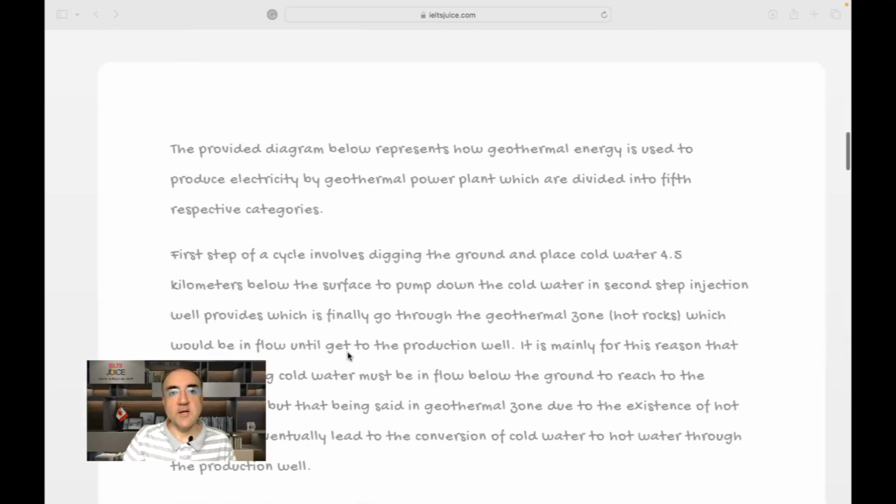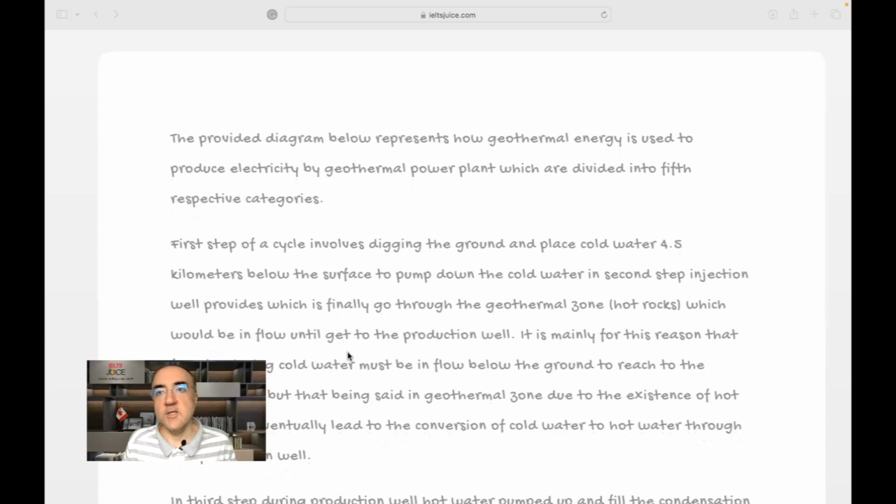The provided diagram below represents how geothermal energy is used to produce electricity by a geothermal power plant, or maybe by geothermal power plants all over the planet, which are divided into 5 respective categories.